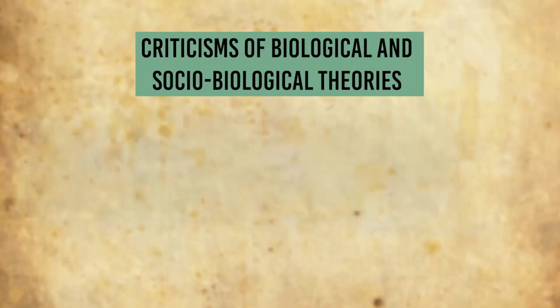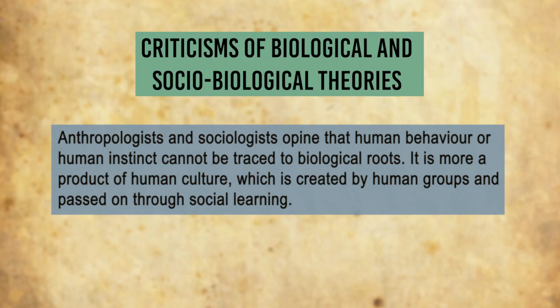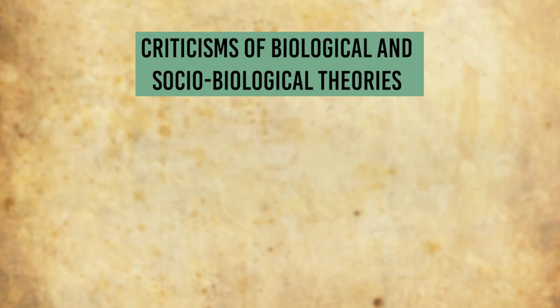What are the criticisms of biological and sociobiological theories? Firstly, anthropologists and sociologists argue that human behavior or human instinct cannot be traced to biological roots. It is more a product of human culture, which is created by human groups and passed on through social learning.